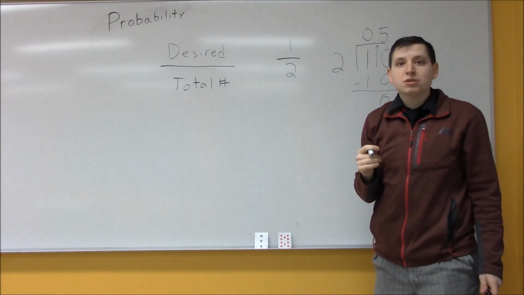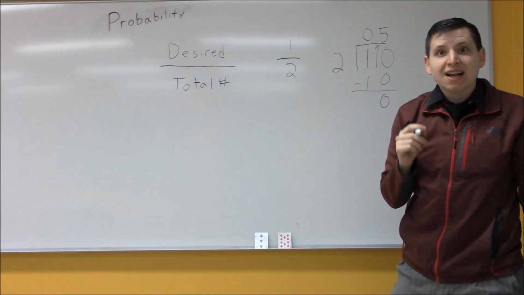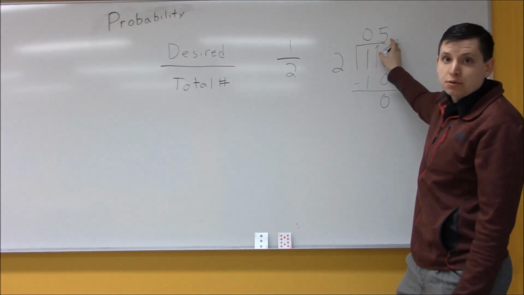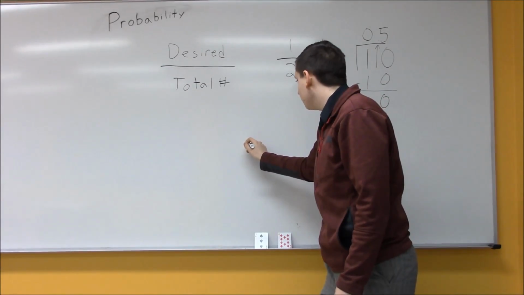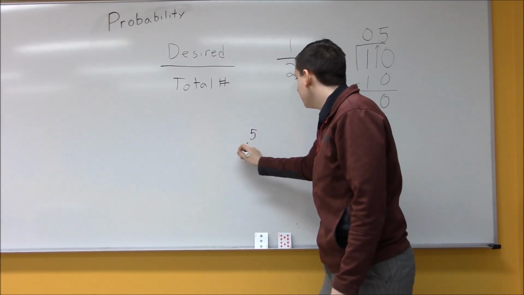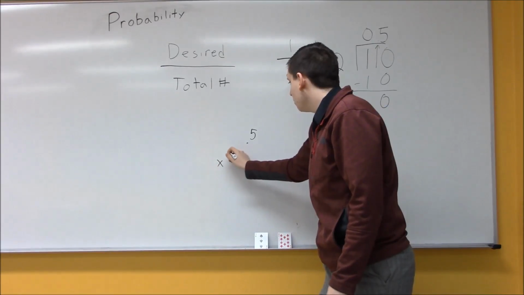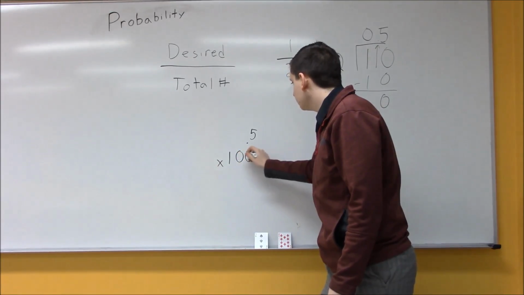And we can also represent it as a percent. To represent it as a percent, all we need to do is take the decimal and multiply that times 100. So I have 0.5 times 100.